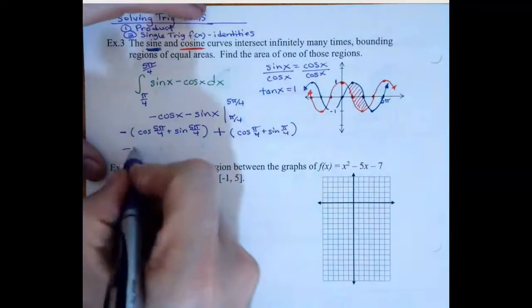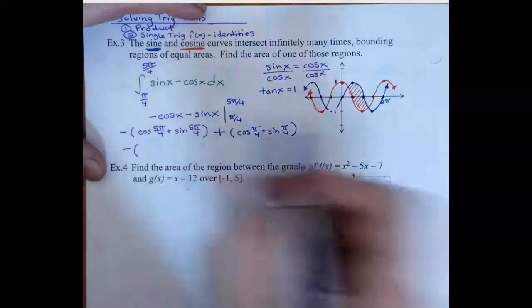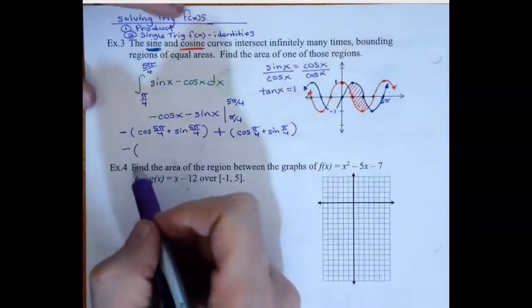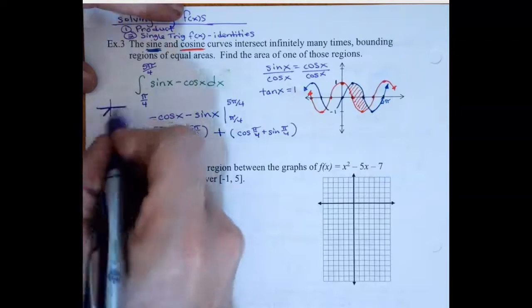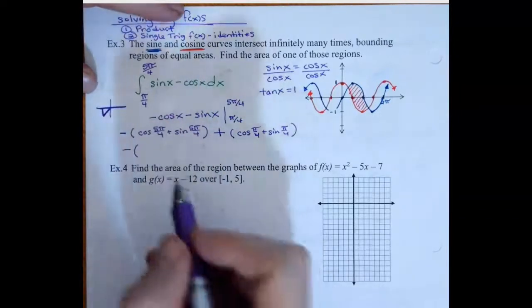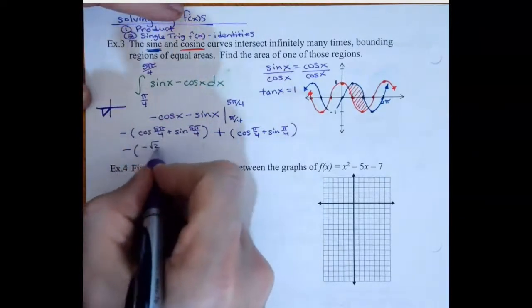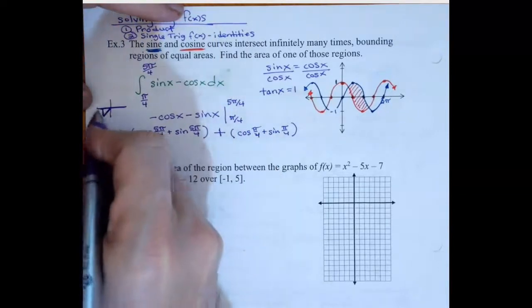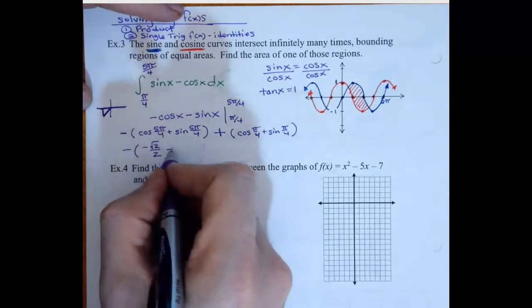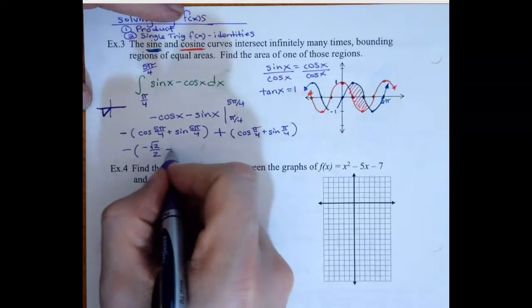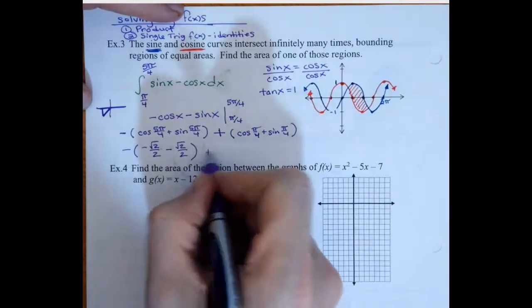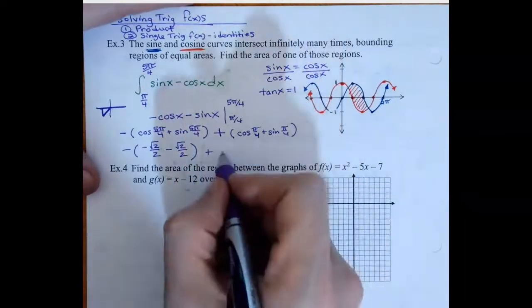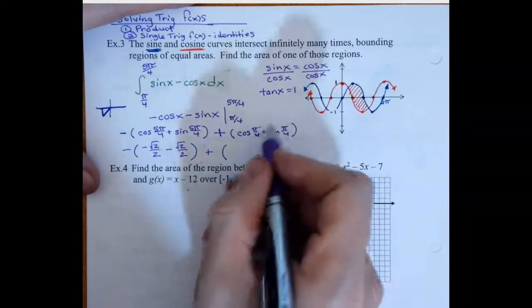Okay, so cosine of 5 pi over 4, 5 pi over 4 is down here. And that's basically 45 degrees. So that's negative root 2 over 2. And sine of 5 pi over 4, that's also negative. So that's going to be plus a negative, or just negative, root 2 over 2. Okay? And over here, pi over 4, that's in the first quadrant.